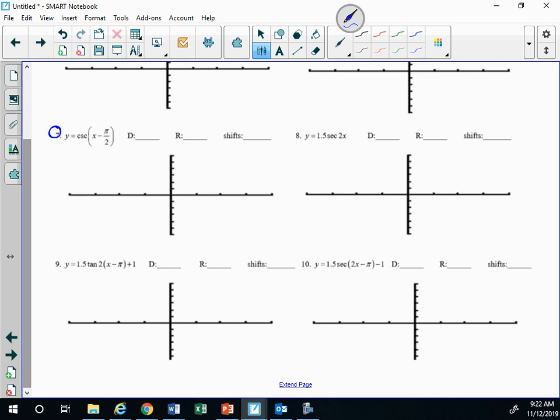All right, it's a cosecant graph. So, what is cosecant related to? Sine. So you are going to first completely graph this as if it is y equals sine of x minus pi over 2. So whenever there's an a value, a change in period, a shift, anything like that, do everything as if it's sine or cosine first.